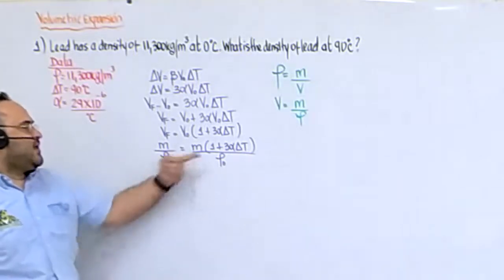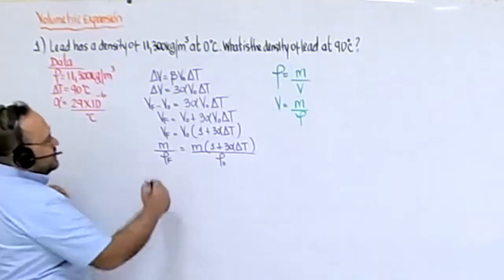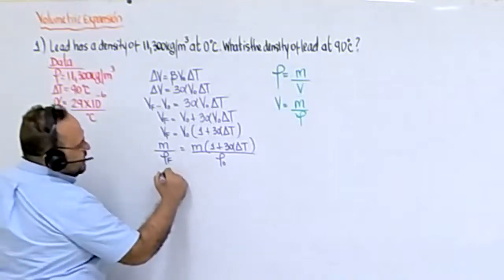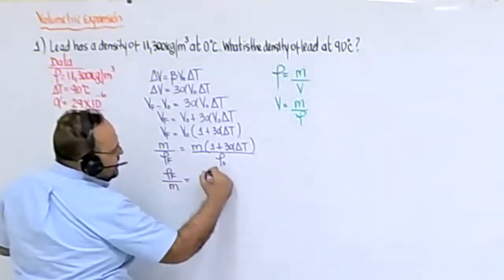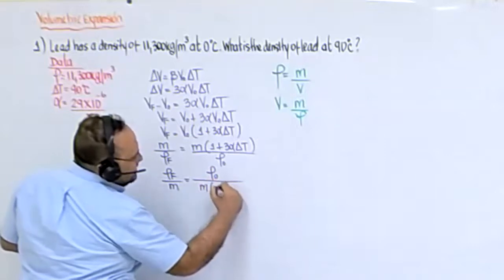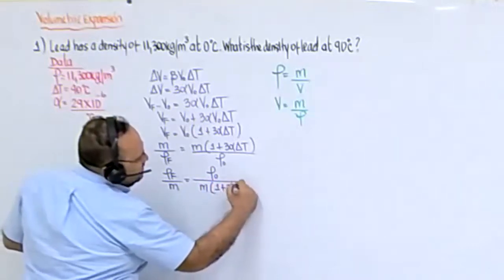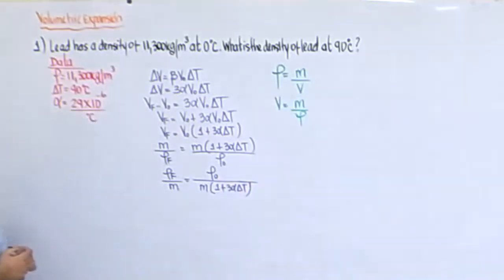Or if you wish, we can apply cross multiplication, the result will be the same. My advice, as a shortcut: final density divided by mass equals initial density divided by mass times (1 plus 3 times alpha delta T).